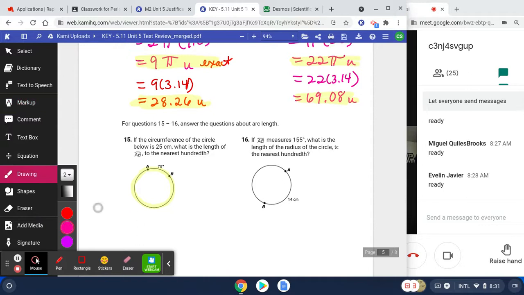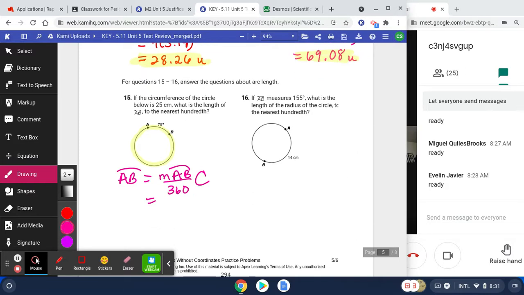So remember our little formula. It says the length of arc AB is equal to my part of the 360 times the whole circumference.